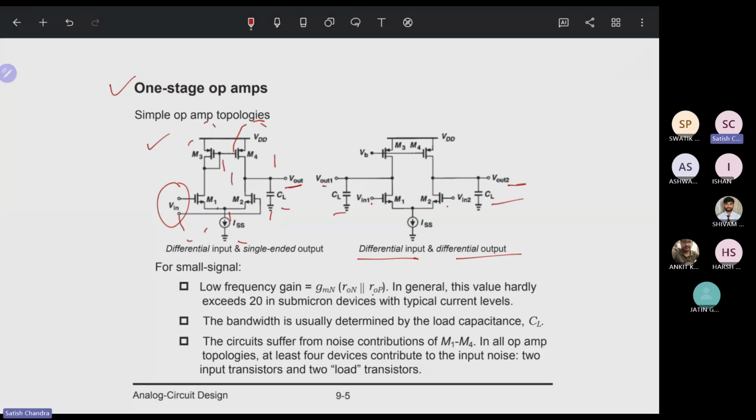The circuit suffers from noise contribution from M1 to M4, because each has some parasitic capacitance and several internal parameters which make it noisy. So in all op-amp topologies, at least 4 devices contribute to the input noise: 2 input transistors and 2 load transistors, including that one, all 4 devices.